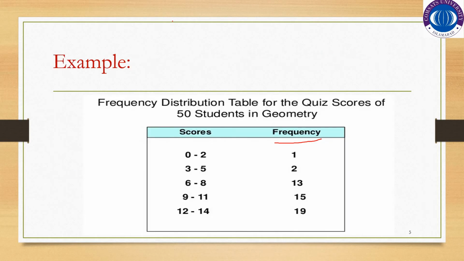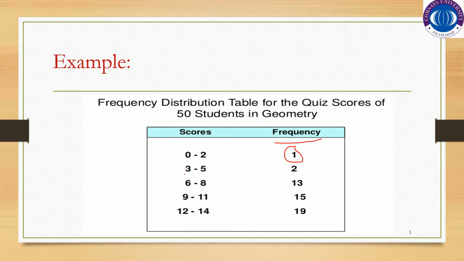So what it says to us, when there is one corresponding a class 0 to 2, it means there is one student whose marks lie between 0 to 2.